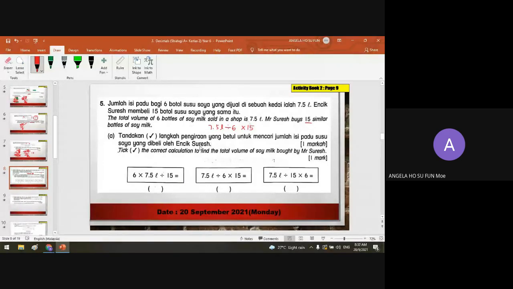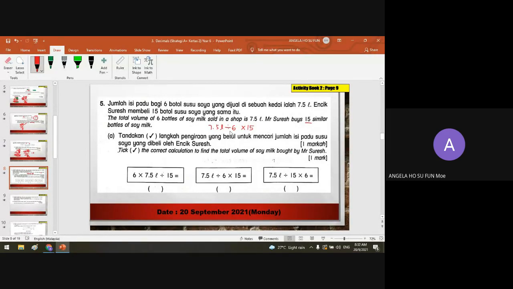So they ask you, no need to do, they just ask you, tick the correct calculation. All you need to do, you have to understand the concept. You have to understand what are you going to do, okay? They don't ask you to do yet. They ask you what in your mind you are going to do.